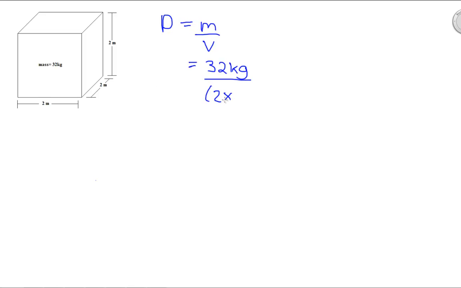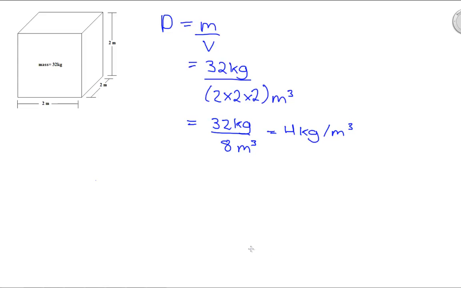So 2 times 2 times 2, and that's in meters cubed. If we work this out, it becomes 32 kilograms over 8 meters cubed. So 4 kilograms per meter cubed is the density.